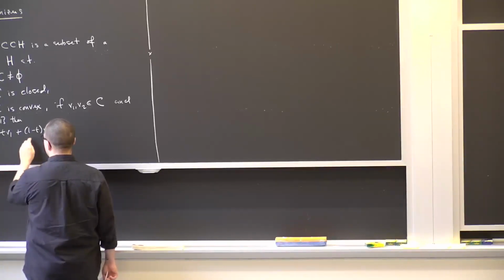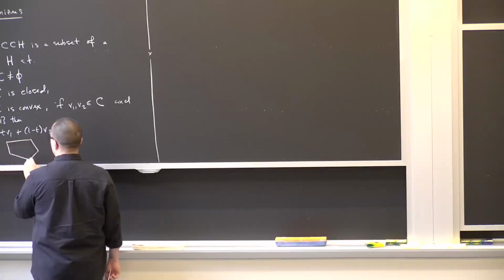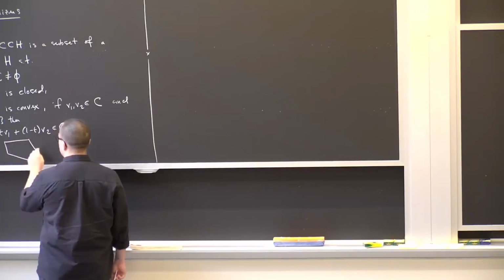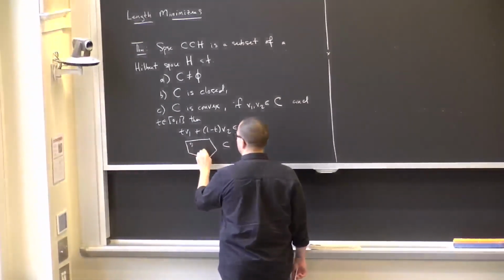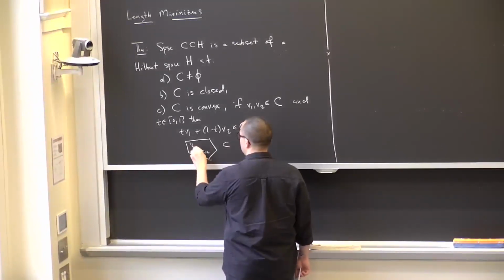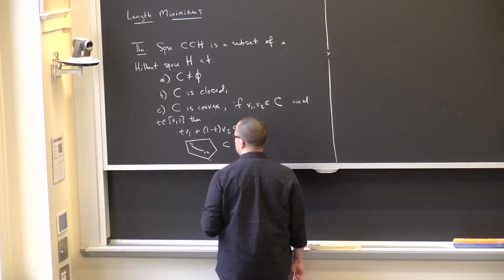Okay, so here we have what would look like a convex set C, and for every V1, V2, it's convex, meaning the line segment joining them is in there.